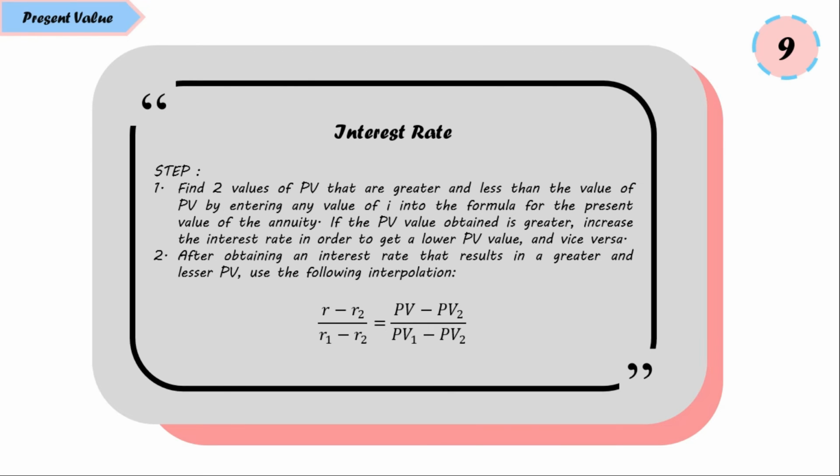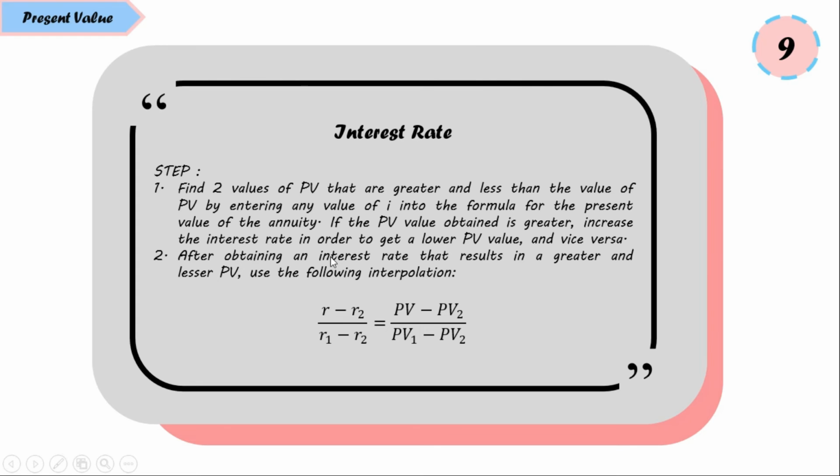Interest rate. Step 1: find the values of present value that are greater and less than the value of present value by entering any value of i into the formula for the present value of the annuity. If the present value obtained is greater, increase the interest rate in order to get a lower present value and vice versa.